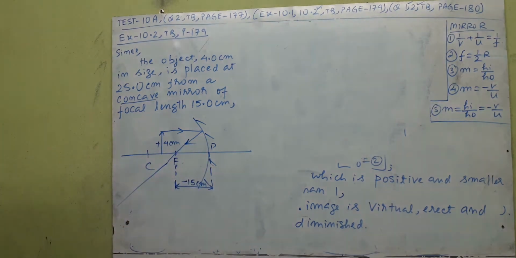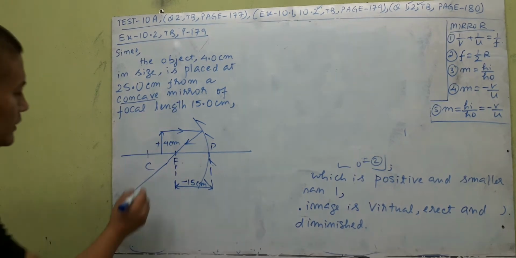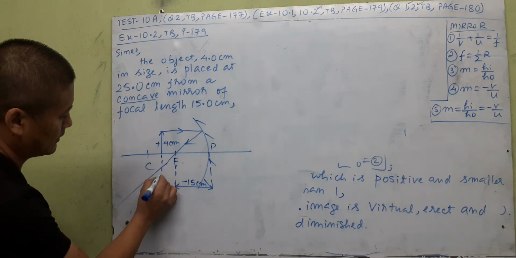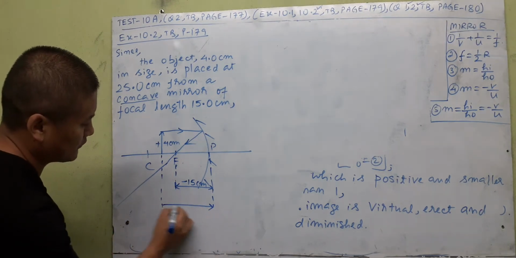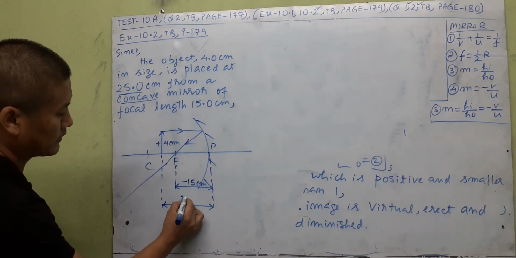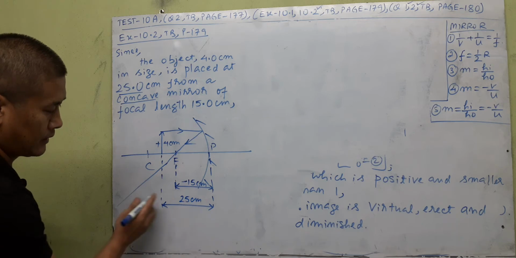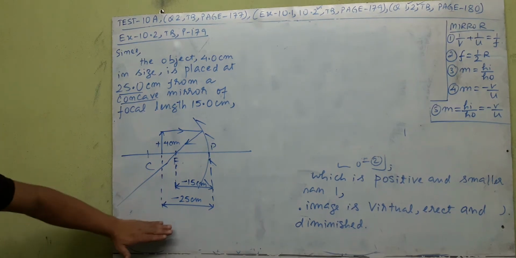Okay, then from a mirror of focal length 15, the object distance here means the distance between this object and the pole, because every distance will be measured from the pole, right? Object distance is 25, so we write here 25 centimeter. Left side, so minus. Keep some space here.